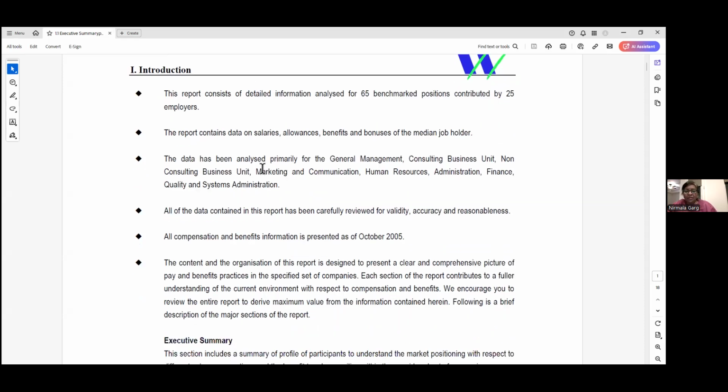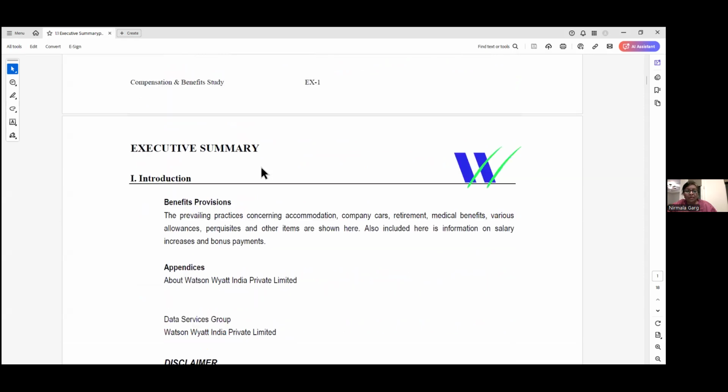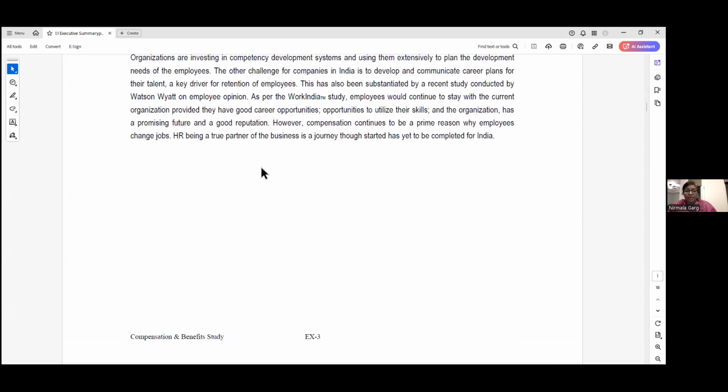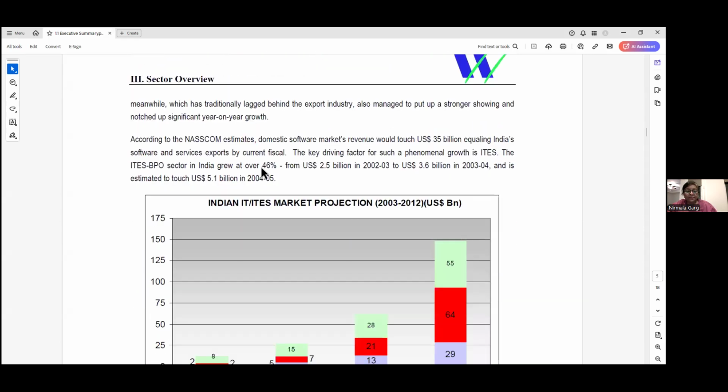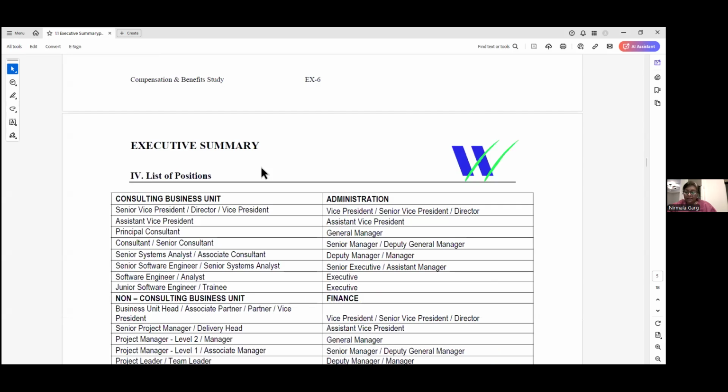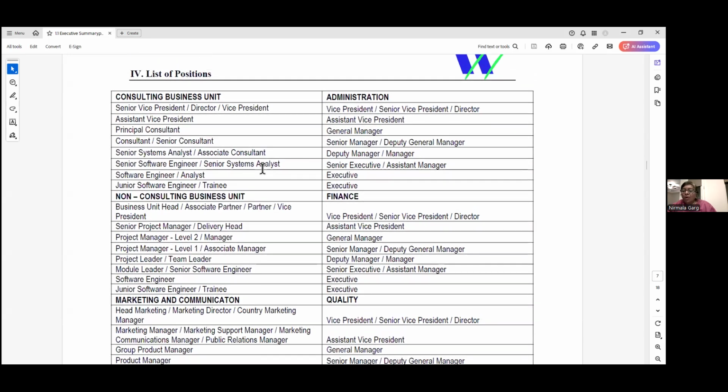So first of all, in a report, you will have all this. Don't have to look at this. First we need to look at what are those benchmarked positions, right? There are 65 benchmarked positions classified or listed under some job families or job functions.